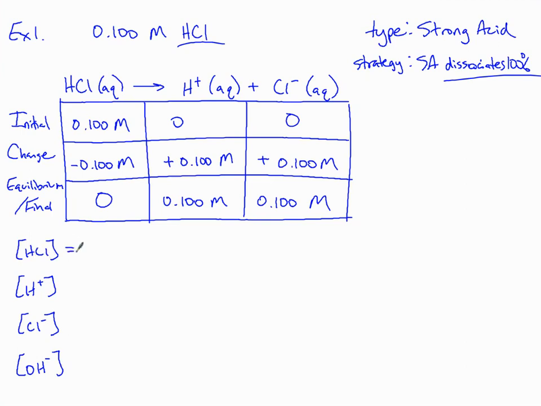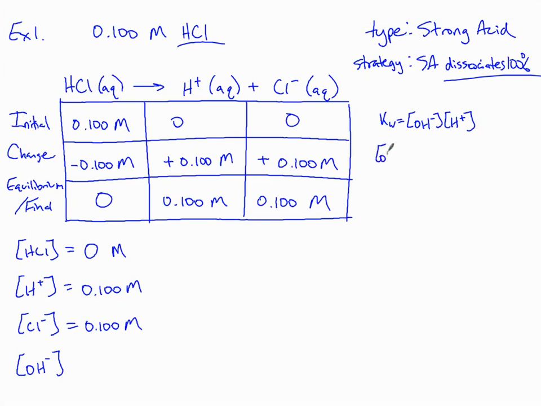So concentration of HCl at the end, in the final, it's just 0. Concentration of H plus, here it is, 0.1 molar. Chloride, same thing. Now for the hydroxide concentration, we have to look at, remember the dissociation constant of water, where we had Kw equals the product of the hydrogen and hydroxide concentrations.